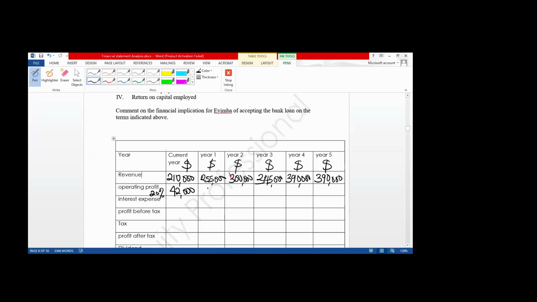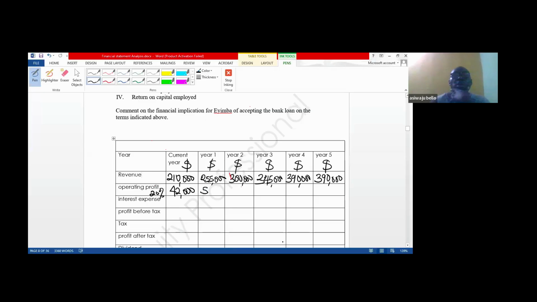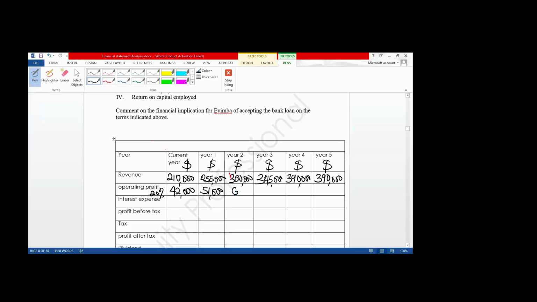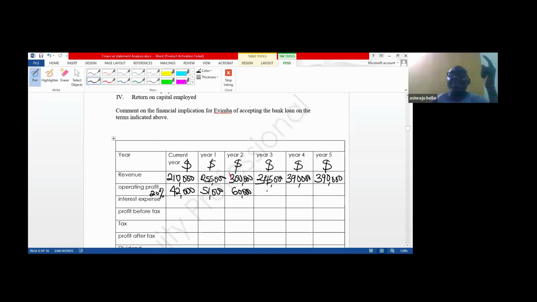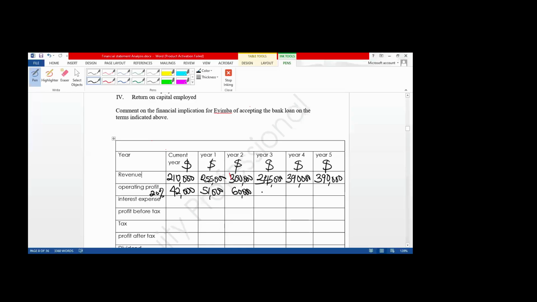Next, 20% of 255 is $51,000. 20% of 300,000 is $60,000. 20% of $345,000 is $69,000.